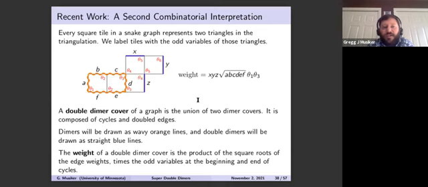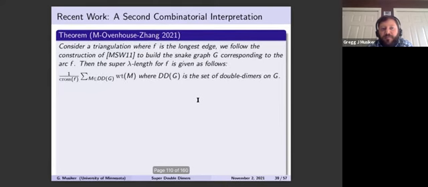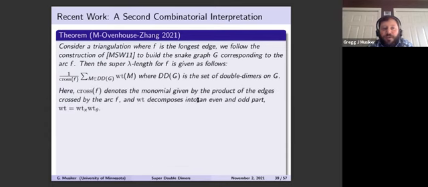And so using this weighting, the main theorem of our more recent paper is that when F is the longest edge of a given triangulation, then the super lambda length is the generating function over double dimer covers, where you have to use a crossing monomial, just like in earlier work with Schiffler and Williams.